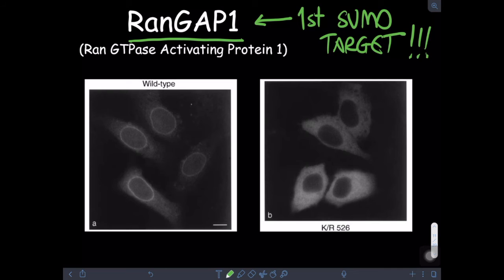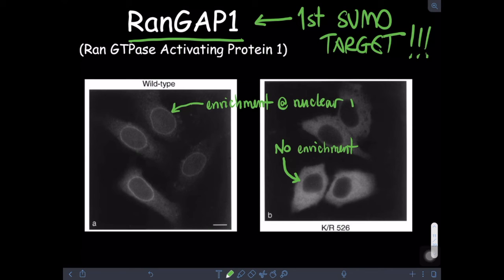And it was rapidly established that the mutated form of the protein lacked the ability to become enriched at the nuclear periphery. This property suggested that SUMOylation was responsible for allowing RAN-GAP1 to associate to the periphery of the nucleus, potentially to the cytosolic side of the nuclear envelope.